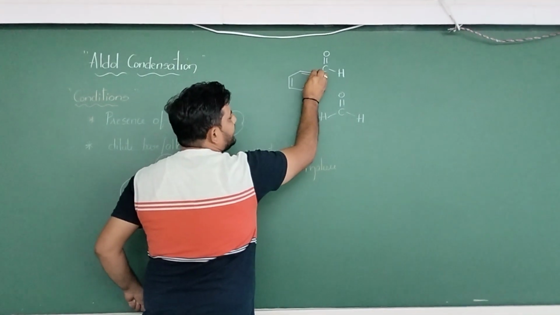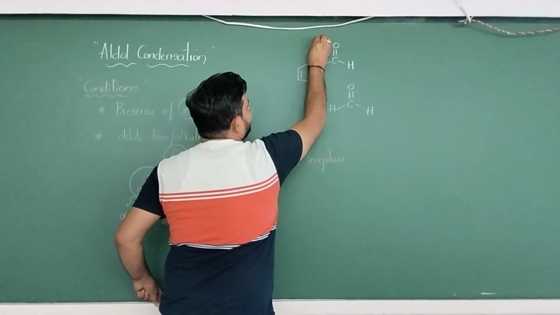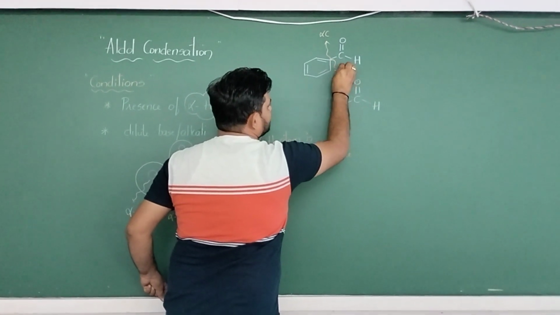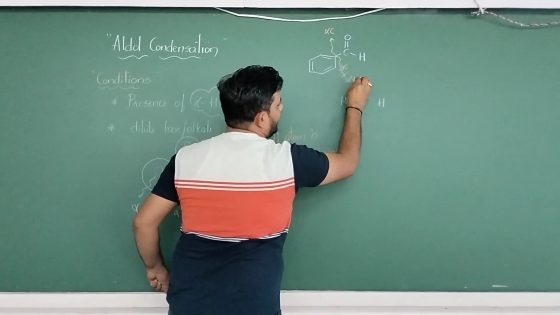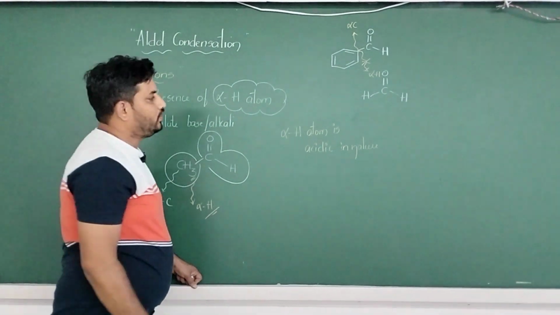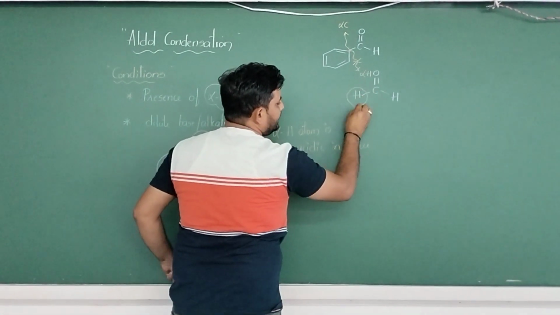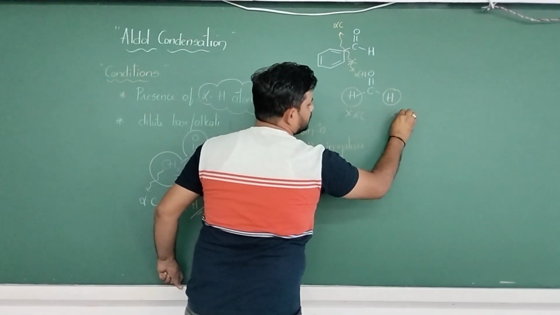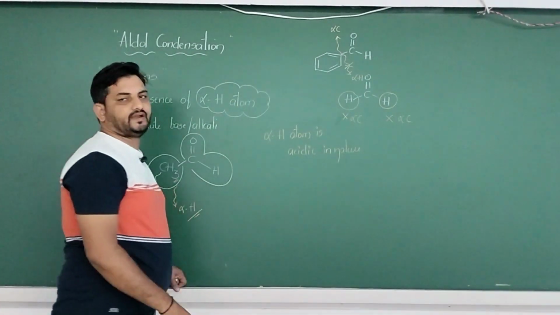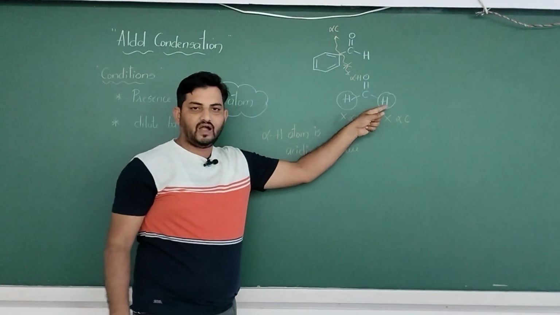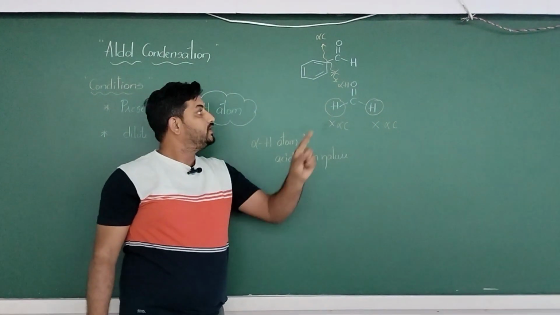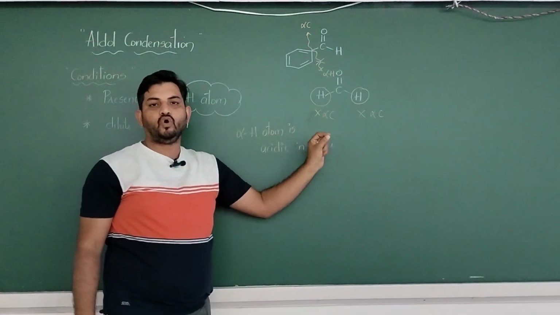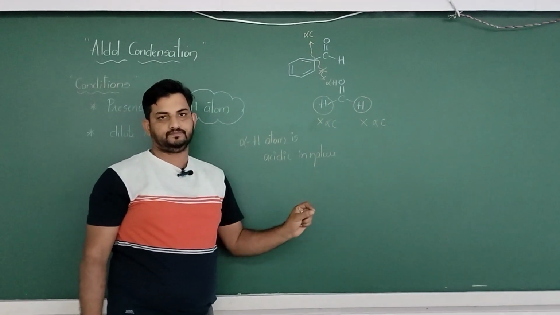In case of benzaldehyde, definitely there is an alpha carbon, but that alpha carbon does not contain any alpha hydrogen atom. Whereas in case of formaldehyde, there is no alpha carbon at all. So because there is no alpha carbon atom, you can't think of having an alpha hydrogen over there. Hence, benzaldehyde and formaldehyde do not undergo aldol condensation.